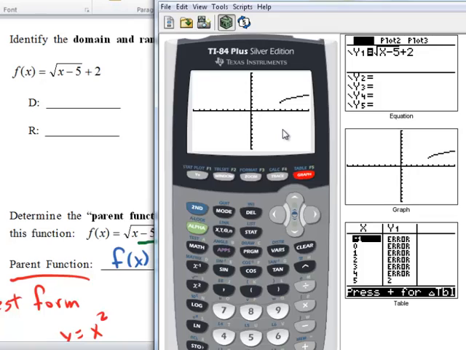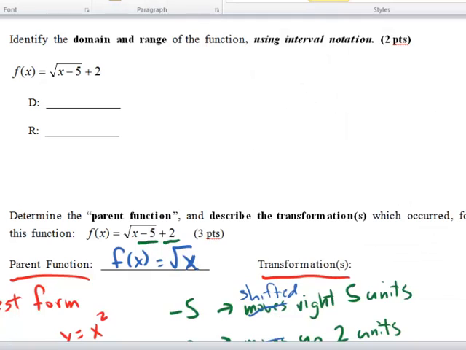Okay, so we know that the domain, we can see nothing happens before 5. The graph doesn't start until 5. So as we get to our domain, we're going to start with 5, but then it keeps going to the right for infinity. So 5 is our starting point.